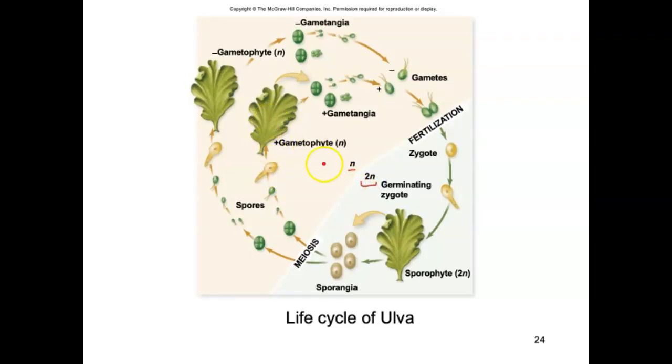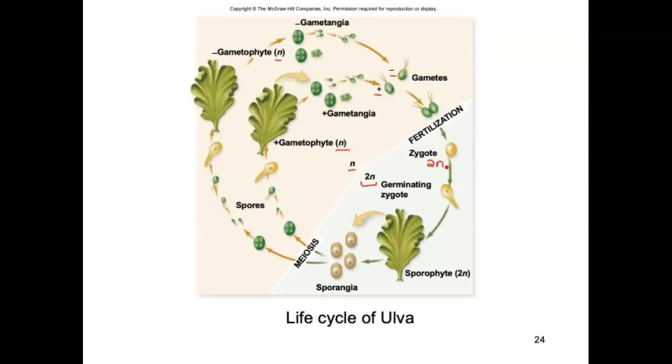It's multicellular. It's just half the genetic material. This is the positive strain. It's going to shoot out a bunch of little gametes, or we call them gametangia, that are all positives. Here's the negative one. It's going to shoot out a bunch of gametangia that are negative. Those two can fertilize and create the zygote. The zygote is 2N.